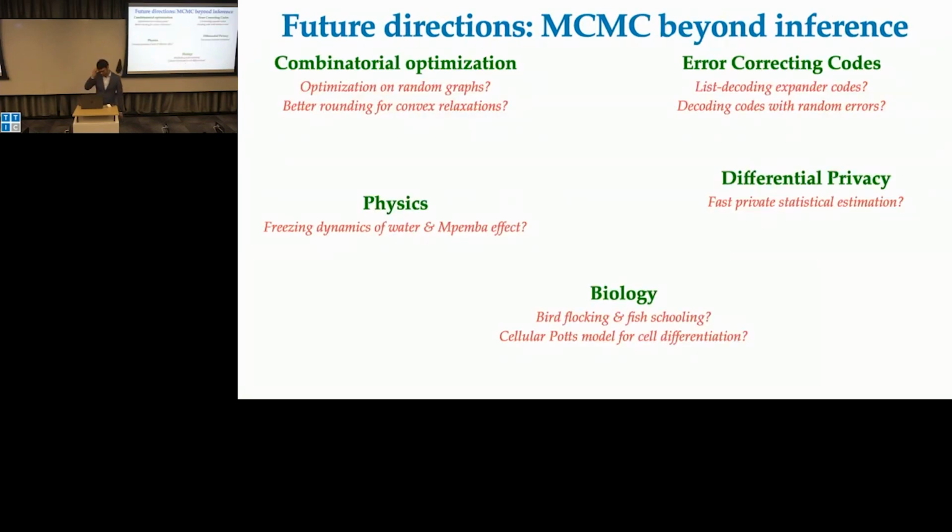The final slide that I want to spend a little bit of time on is to tell you all about certain directions that I'm interested in the context of analyzing Markov chains outside of inference, such as in optimization or coding theory of physical systems. A particular one that I find intriguing is this example from physics.